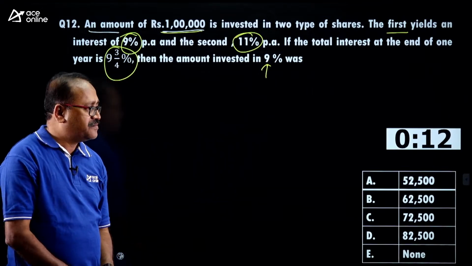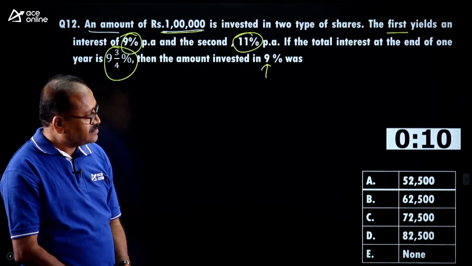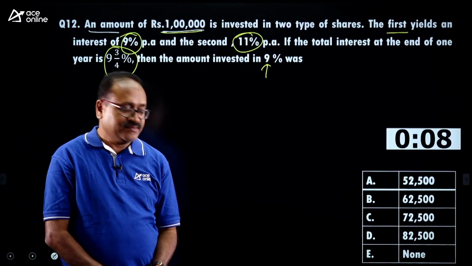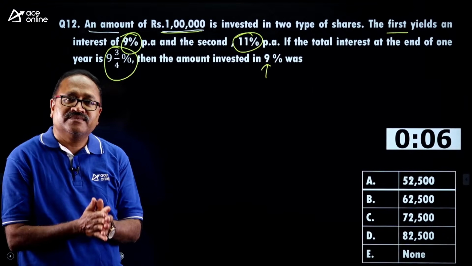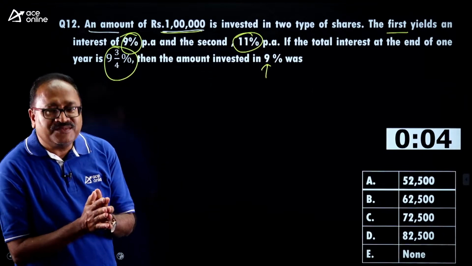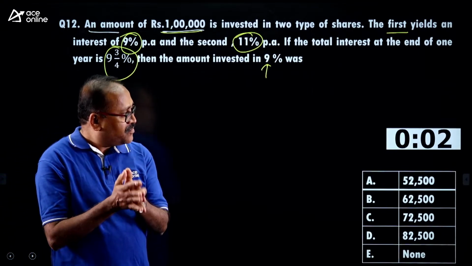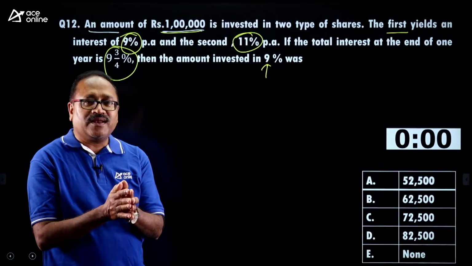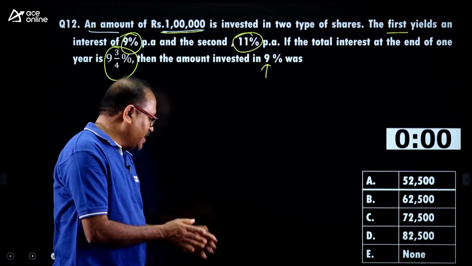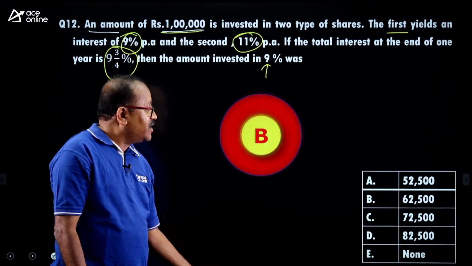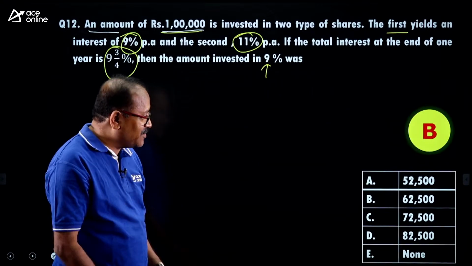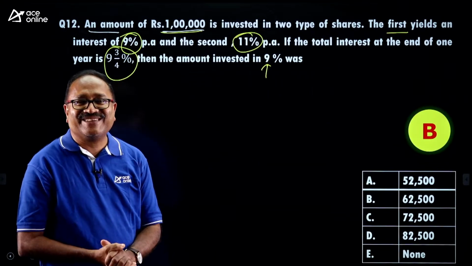Come on. Yes, 5 more seconds. 4, 3, 2, 1, and 0, and time up. And what's your answer? Your answer is option B. And what is that? 62,500.